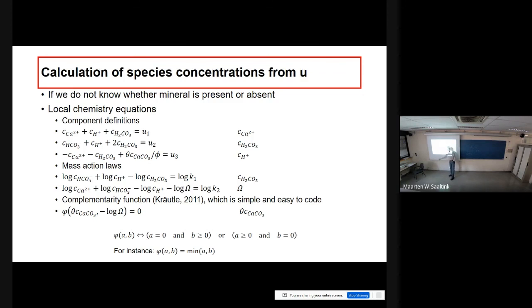It's a definition: phi is the complementarity function. So if I have phi of A and B, it means that if B is larger than 0, then A is 0. If A is larger than 0, then B is 0.